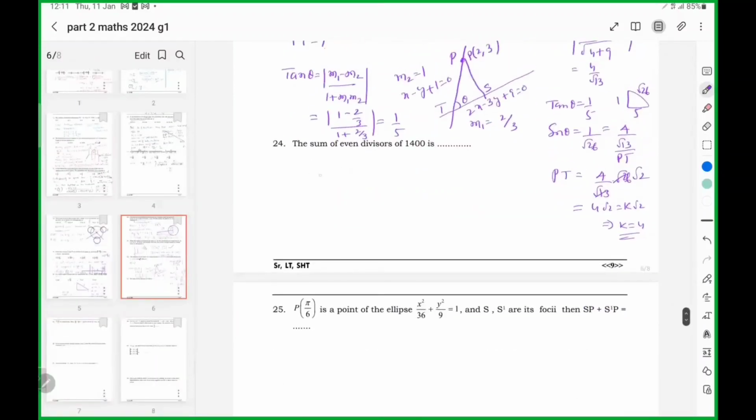Sum of even divisors. First we should write in canonical form. 4 into 5, 2 cube into.